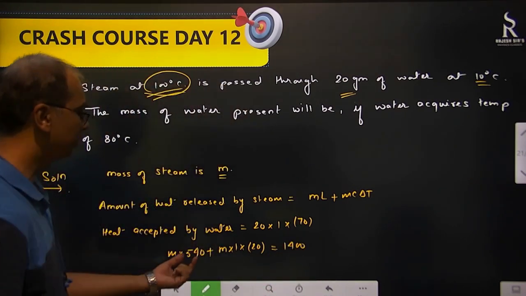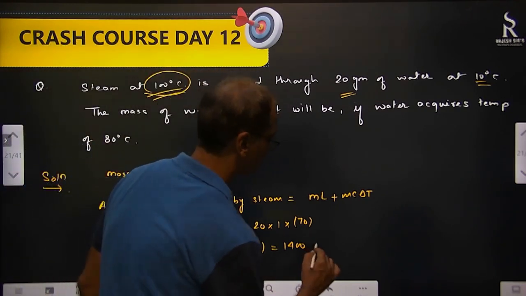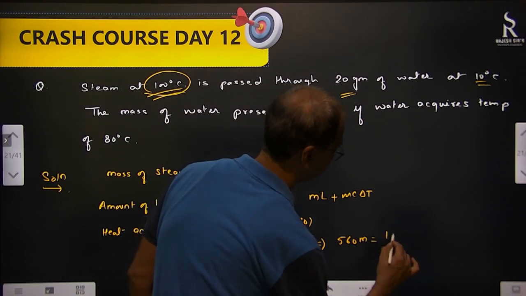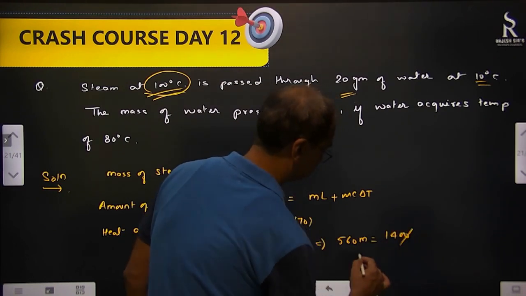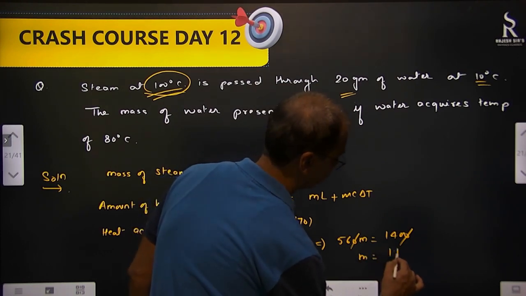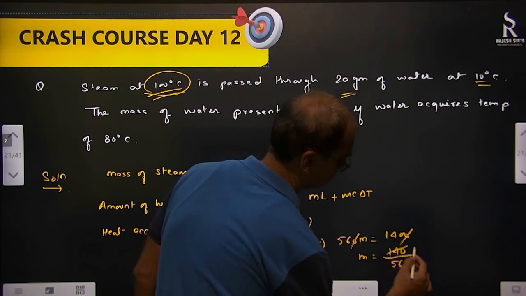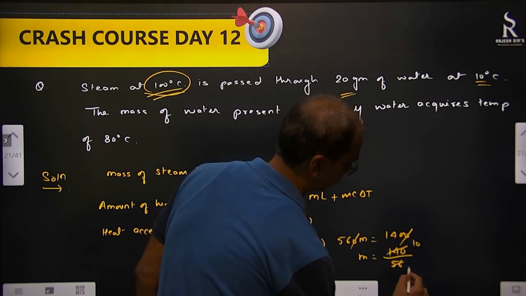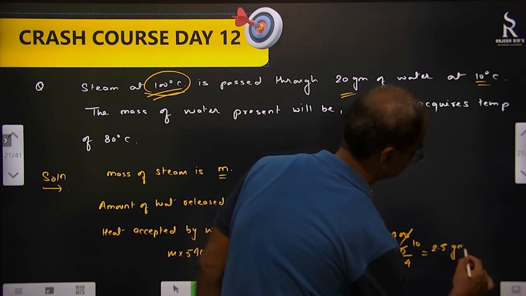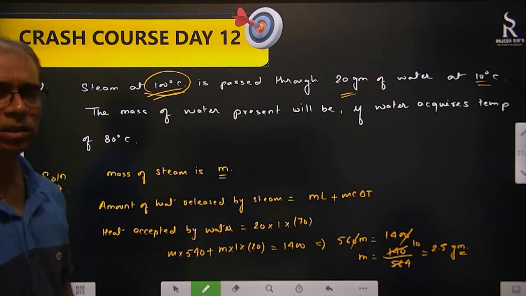Okay, so what is this? 540 plus 20, 560. 560 M equal to 1400. This cancelled. So M equal to 140 by 56. So 14, with 14 I am cancelling this 10 and this is 4. So 2.5 gram is steam, that's all. The steam mass is 2.5 gram, but is he asking steam's mass from us?